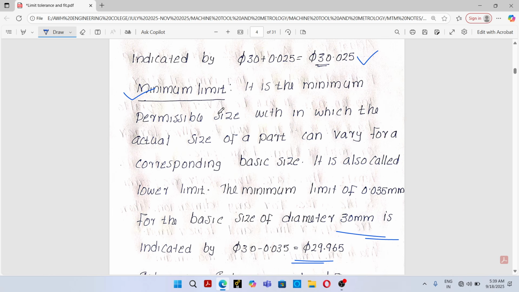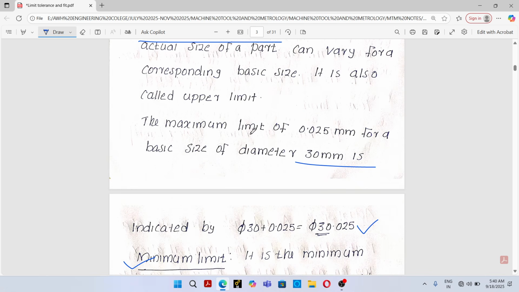So limit is the extreme permissible sizes for any dimension. It is classified into two types: maximum limit and minimum limit. Maximum limit is the maximum permissible size within which actual size of a part can vary corresponding to basic size.